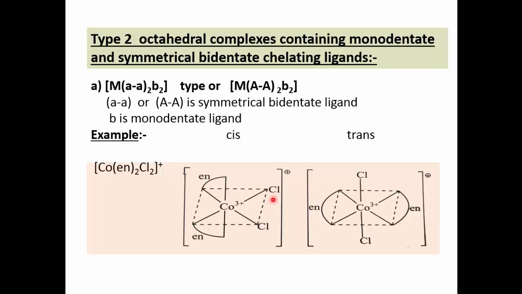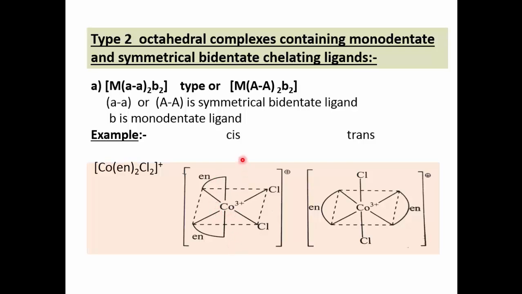Here these are the 2 monodentate ligands. 2 chloride ions attach to cobalt by donating only 1 electron pair. So in this structure we observe that these 2 monodentate ligands are adjacent to each other, present on same side of central metal ion, or we can say these 2 rings are present adjacent to each other, on same side of cobalt ion.